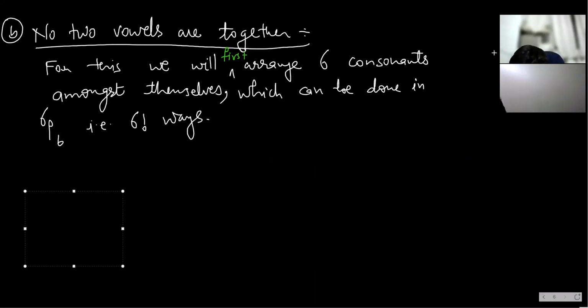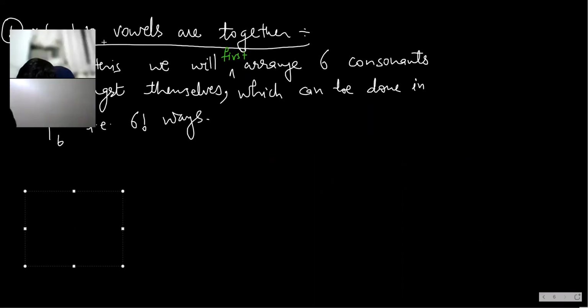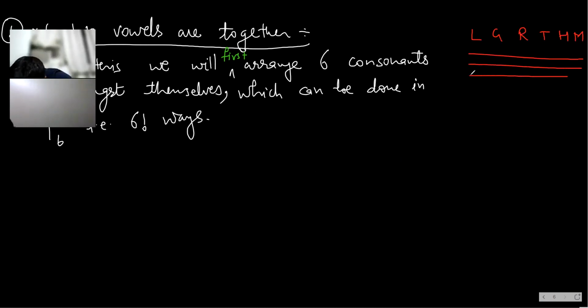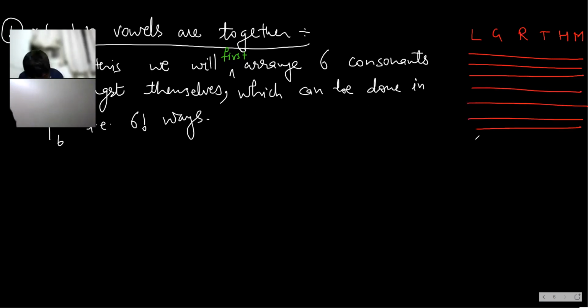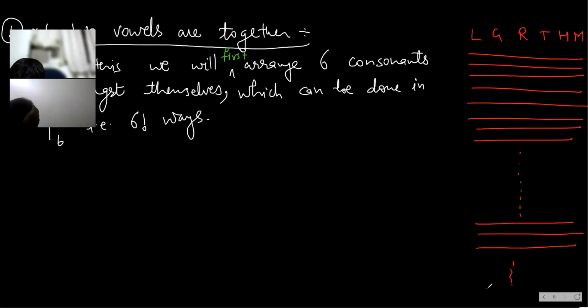Now try to get this. From these 720 arrangements of 6 consonants, you pick any one out of these.